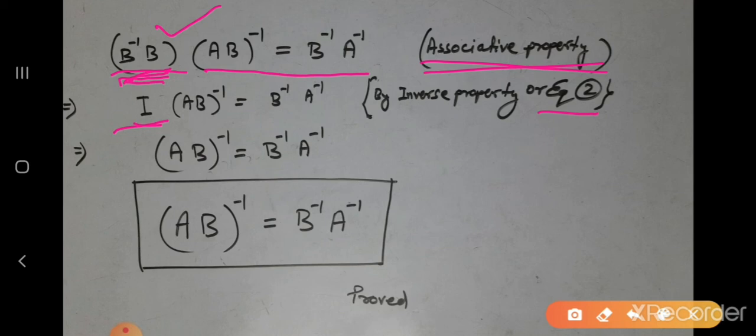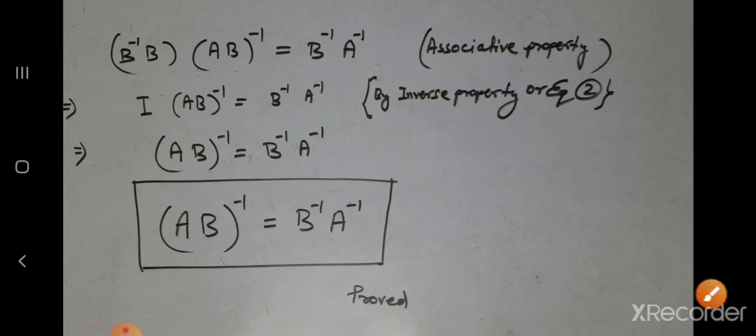Now we apply the identity property: an identity matrix with a matrix gives the same matrix. This is most important.